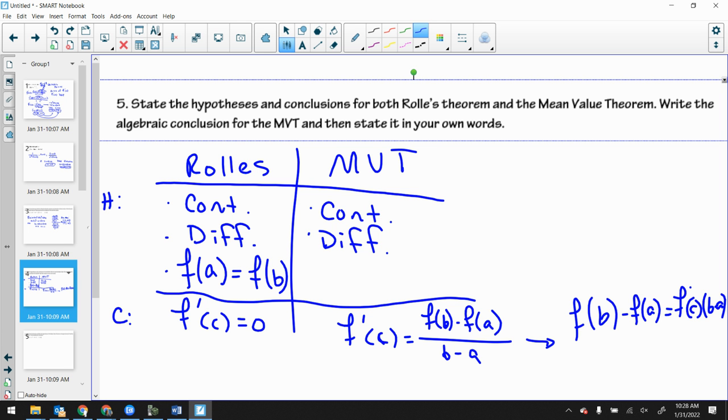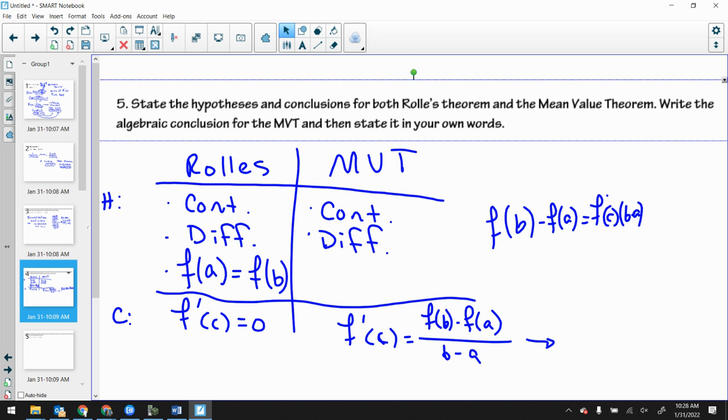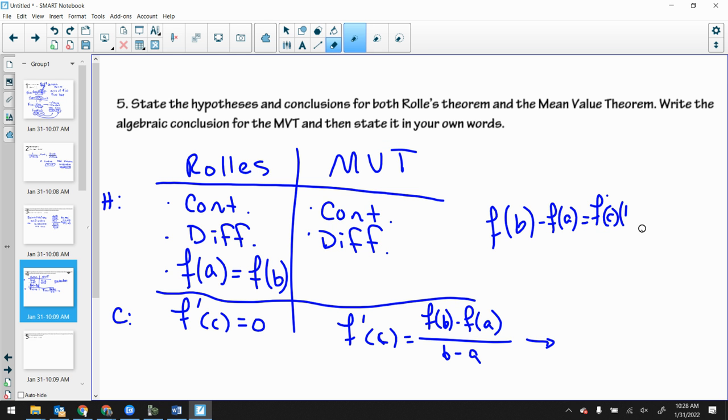It's a little cut off there. I should really scoot and rewrite. f prime of c, quantity b minus a. There we go. That's a little bit better. That's a prime, f prime of c.